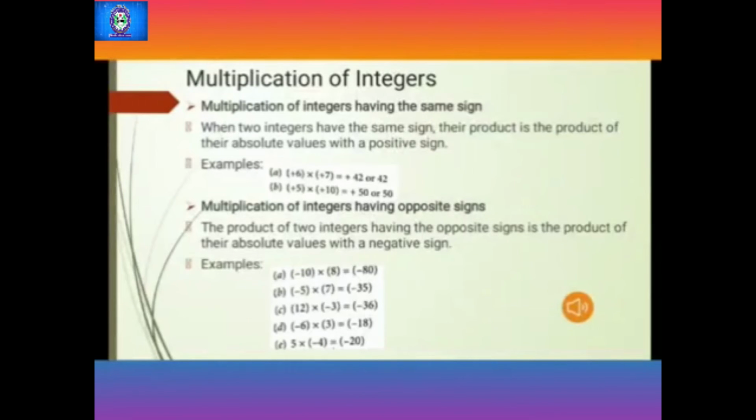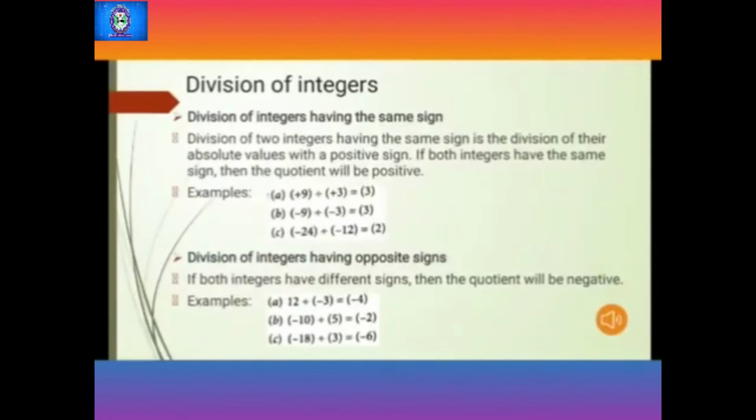Minus 10 multiplied by 8 will give you the answer minus 80. Minus 5 multiplied by a positive number 7 will give you the answer minus 35. As you can see in the other example given in the slides, having opposite signs, the answer will be negative.